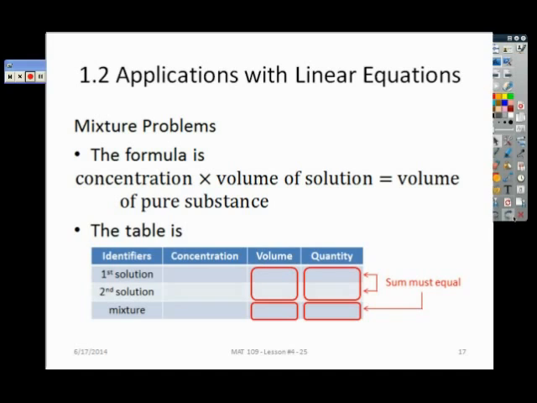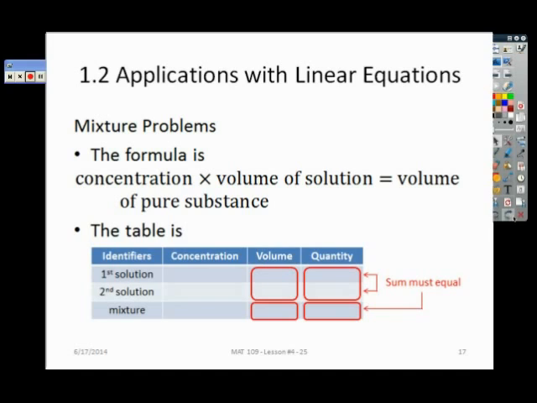That's the quantity of the pure substance. Concentration times the total volume equals the volume of the substance. Concentration, volume, and quantity. So this column is how much of the pure substance do you have. This one is how many gallons or how many liters. This is your concentration, that percentage.